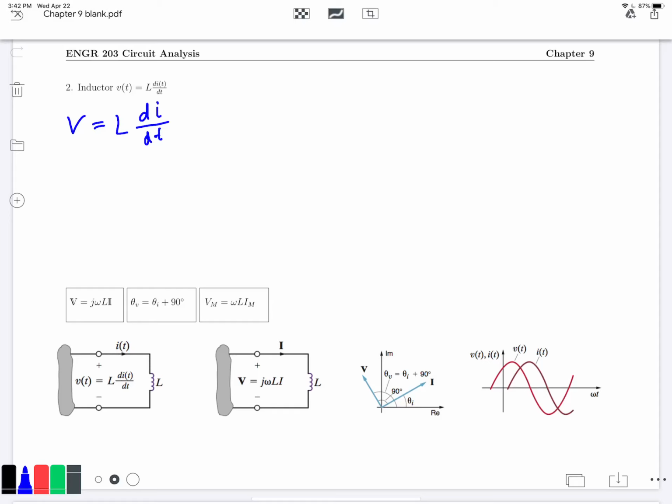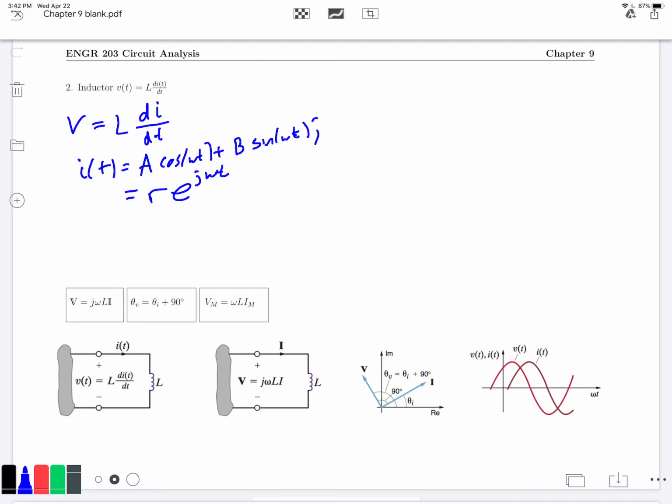Well, the idea is if your I of t is some amplitude times cosine omega t plus some other amplitude sine omega t j, or we can write it in the easier way in the polar notation, r e to the j omega t.